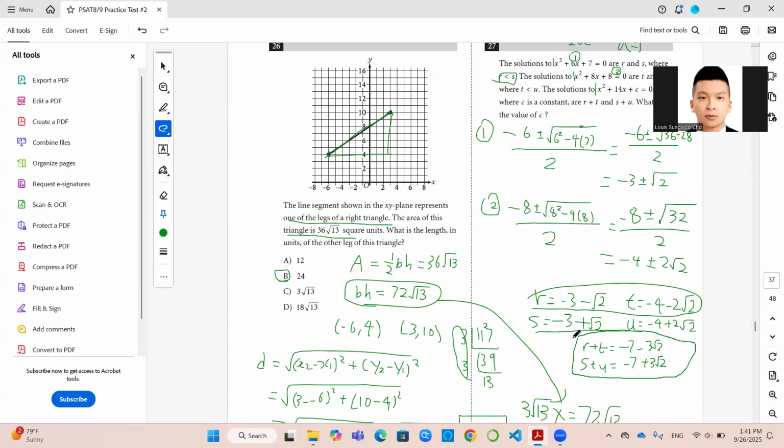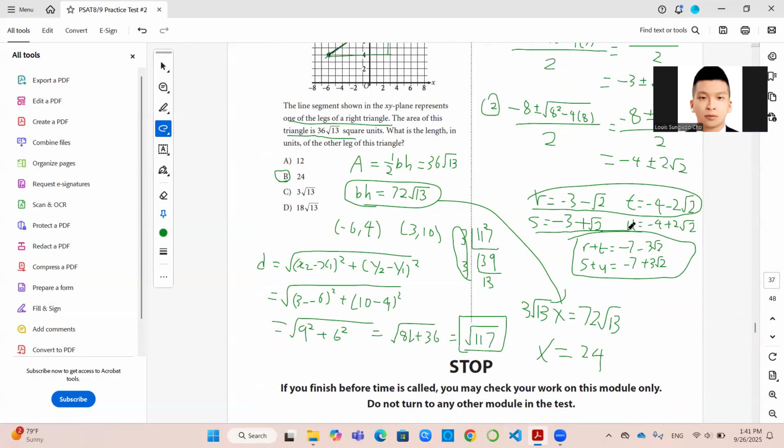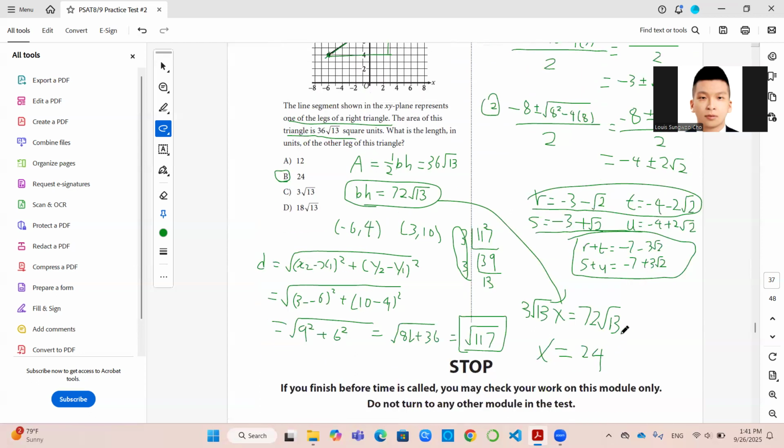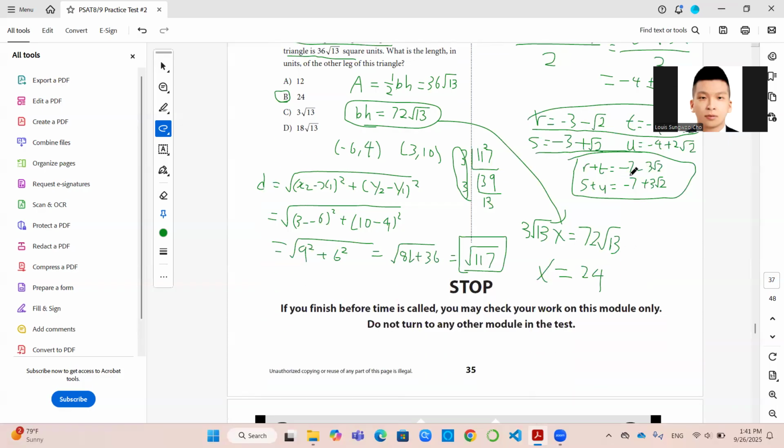Sorry, I'm running out of space here. So using that, since c is the product of these two here, what I'm going to do is multiply this and this together.